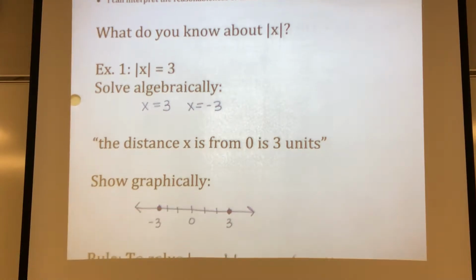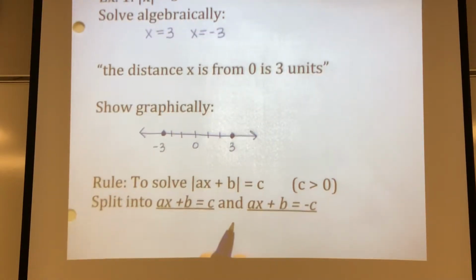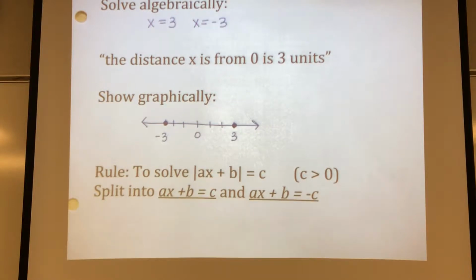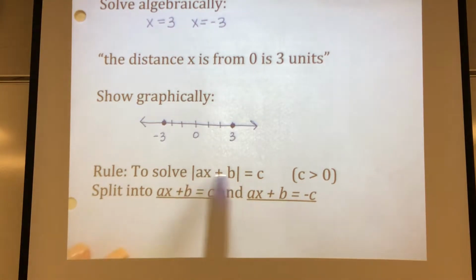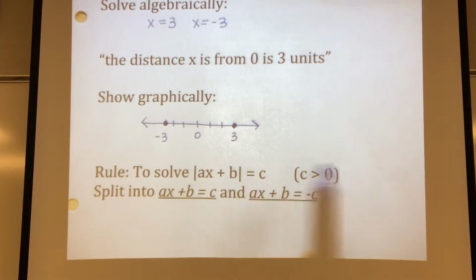Now, of course, our equations are going to get more complicated than that. Add some extra stuff in there. So let's take a look at ax plus b. We want the absolute value of that to equal c. Now, c has to be greater than 0 based on the definition of absolute value. We can't have it equal to a negative, and we'll talk about why we're not having it equal to 0 in a minute.